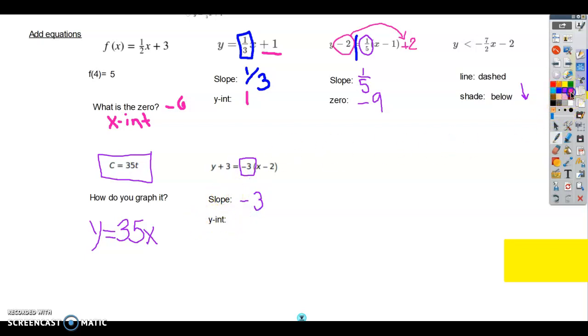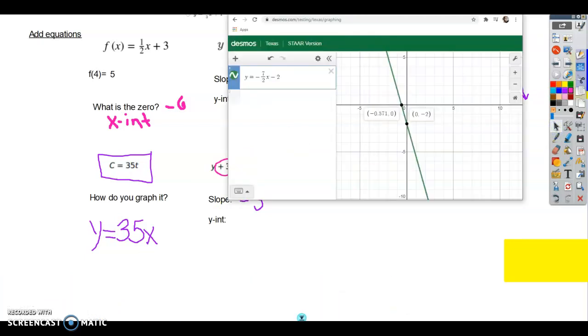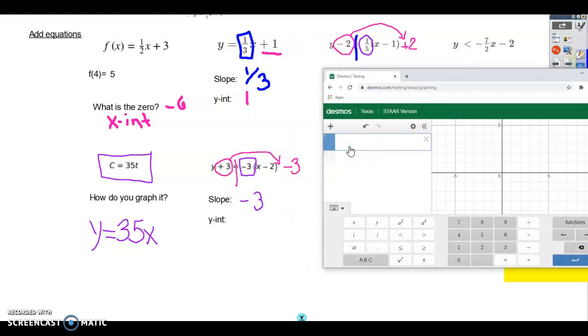And in order for me to find the y-intercept, remember, I have to move this over to the other side and do what to it? Change the sign. So if it was positive, now it's a minus. So when you graph it, and remember, even if you forget, just move it over and change the sign. So I have y equals, because I moved it over, -3 parentheses x minus 2 close parentheses minus 3, and it graphs it.